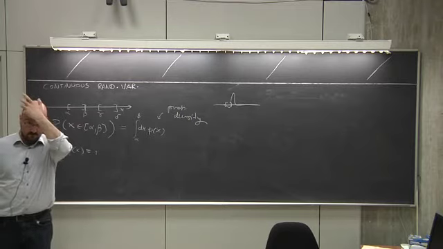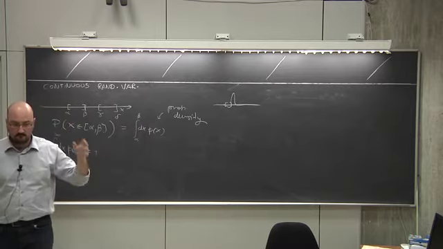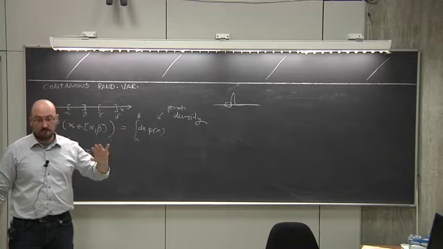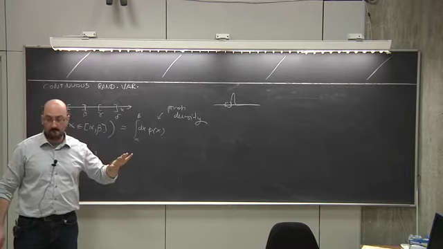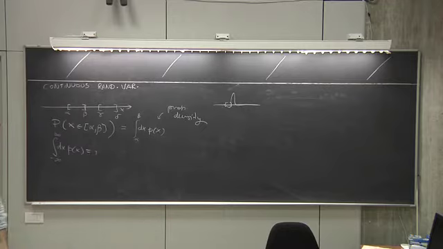So if you can choose this alpha and beta as you want, this p of x has to be positive. It doesn't have any meaning if it's negative.